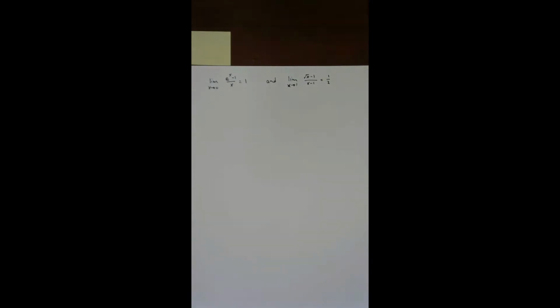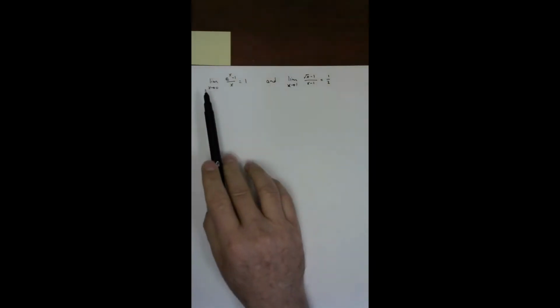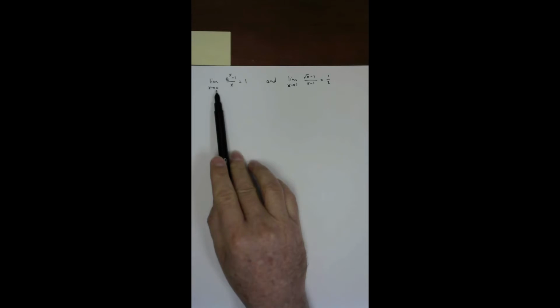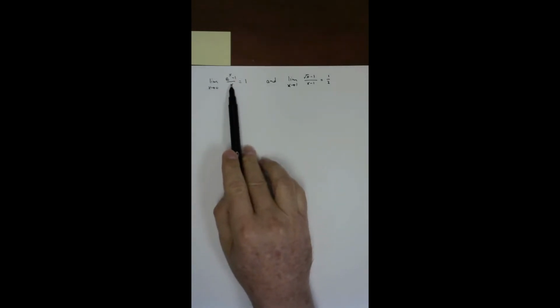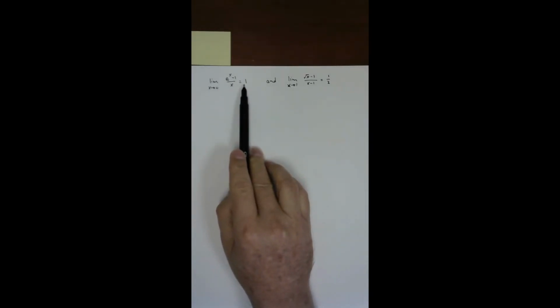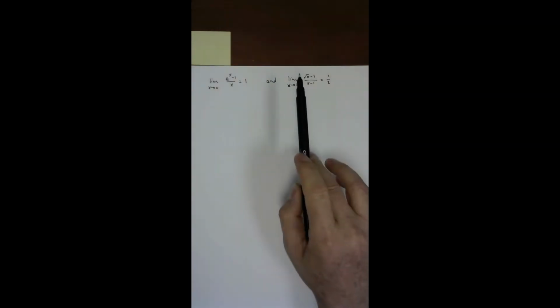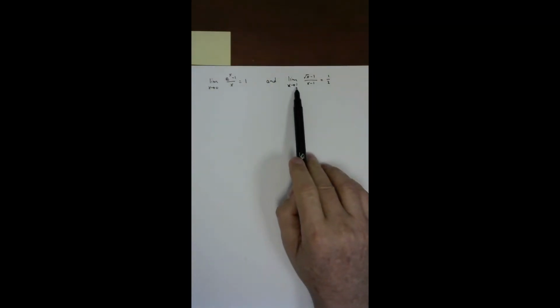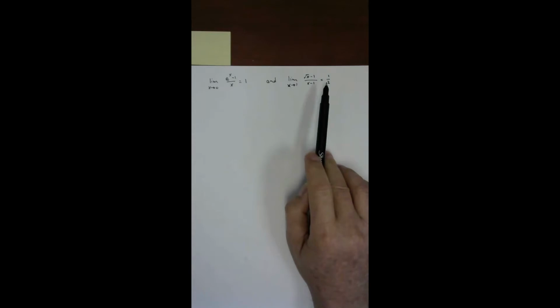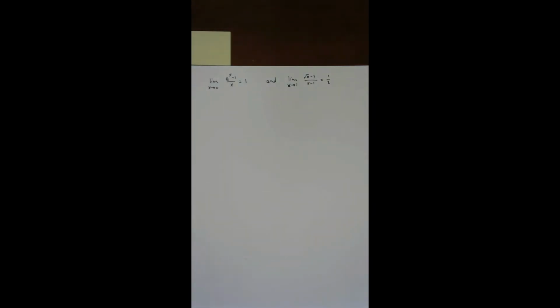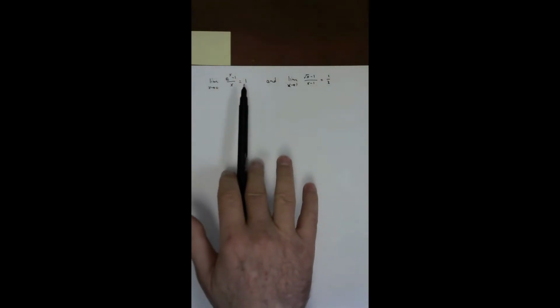Now we found these limits by just plugging in numbers really close to 0. And we found that when we plug in numbers close to 0, our function values are really close to 1. Here we plugged in numbers really close to 1 and found that these function values were really close to 1/2. So really though, what we have done is we've guessed these answers.